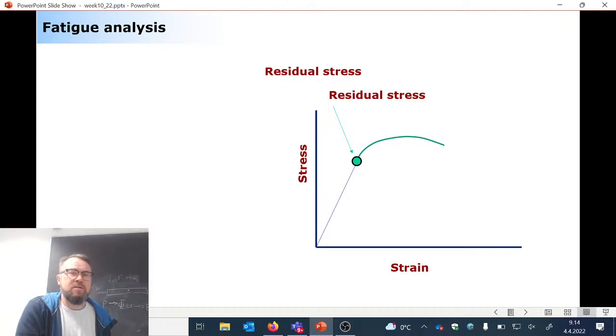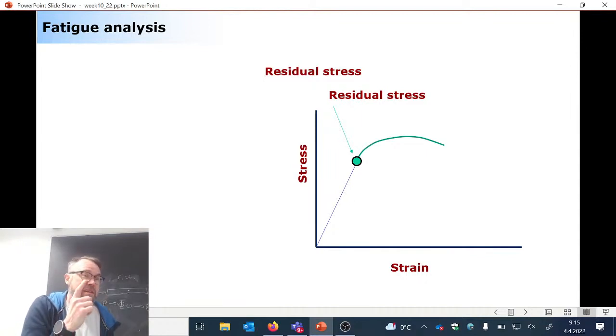And the residual stresses at the location where this crack is located are roughly at the yield stress. It's roughly the position where linear stress turns nonlinear, where linear deformation moves to plastic deformation. And that's a very bad combination.